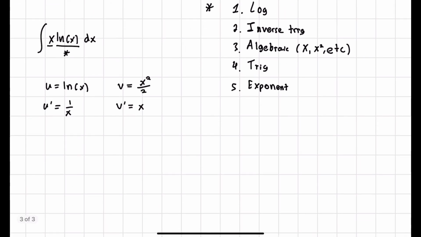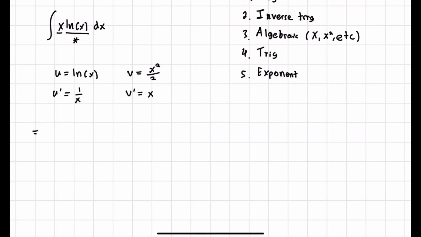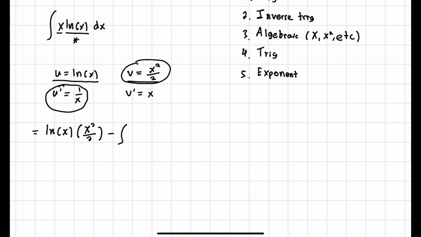So we have u times v, which is simply equal to ln x times x squared over 2, minus the integral of u prime times v. So it is the integral of 1 over x times x squared over 2 dx. Let's simplify everything.